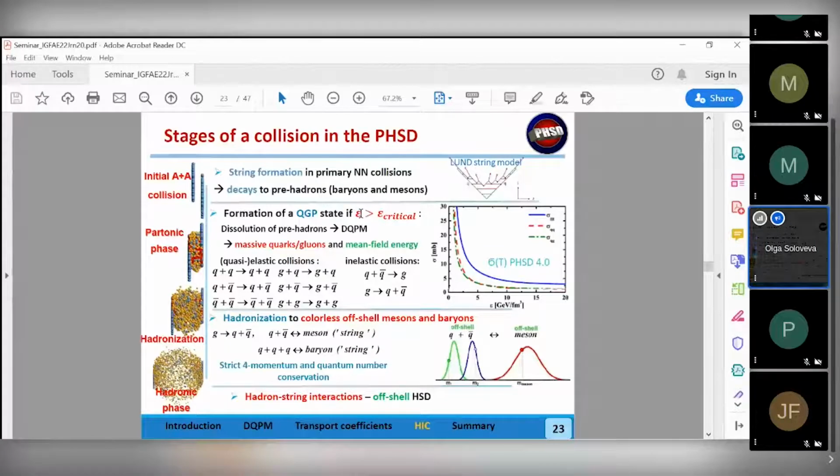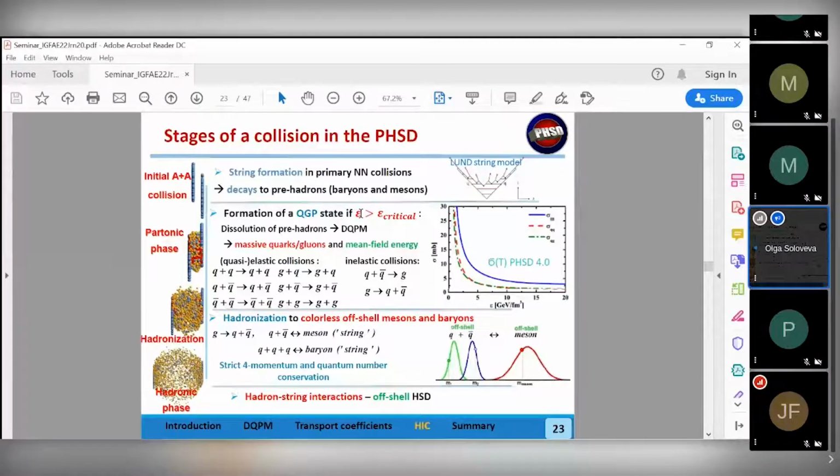For example, we will form the rho meson, which will then decay into a pion. And it allows momentum conservation and conservation of quantum numbers. The hadronic propagation is described by hadron-string interaction. It's a well-known version of PHSD's HSD code.